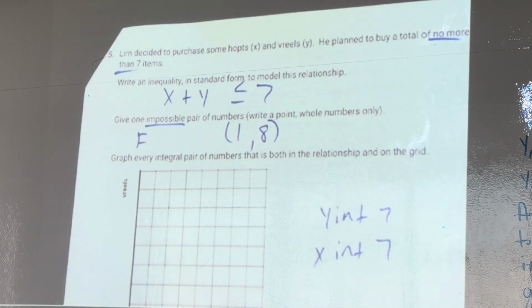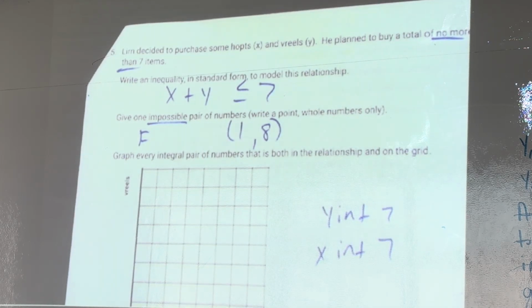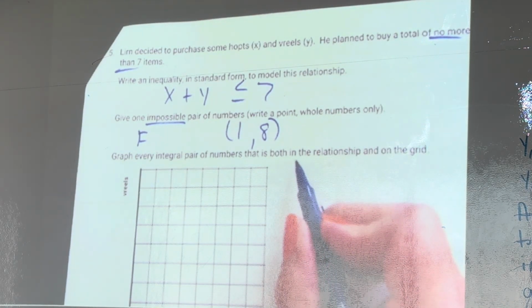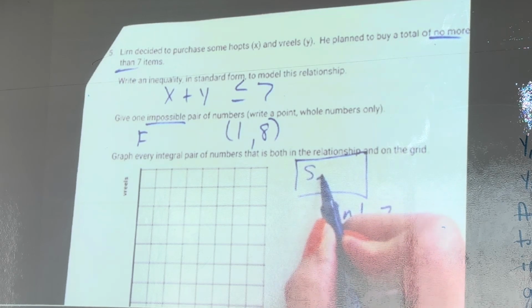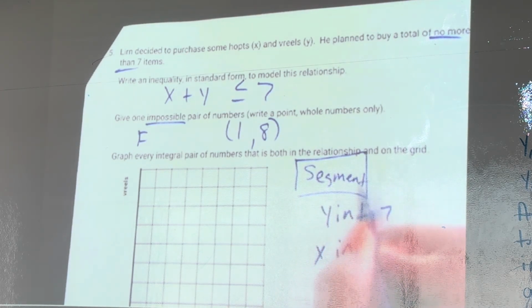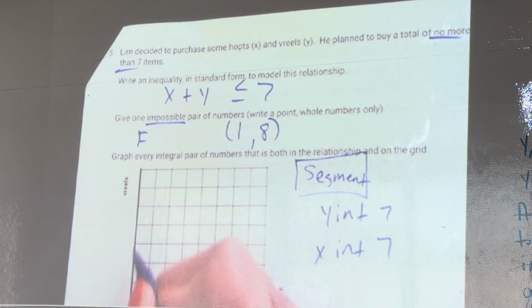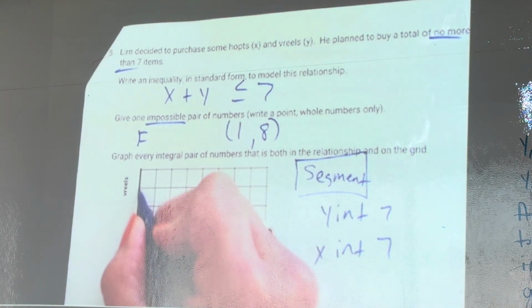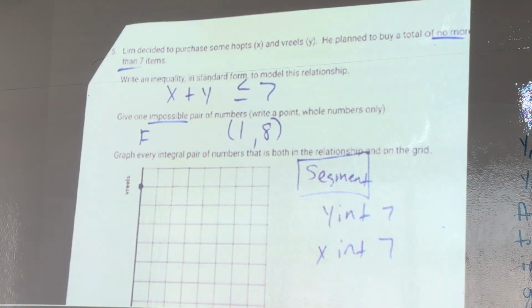And what's the first thing I need to do before I start plotting points? I need to change this to what? Segment. Okay, and so 1, 2, 3, 4, 5, 6, 7, and they actually labeled everything for us. It's a box, so once you count 1, you'll know where 7 is on the other side.